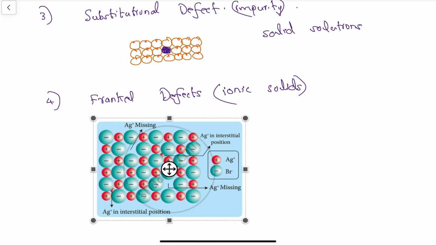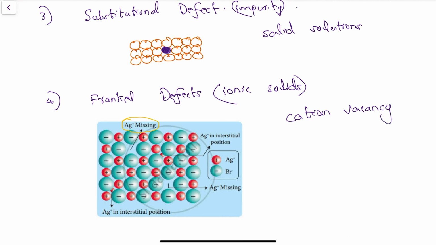In a Frenkel defect, you can see that here there is a cation, and this cation is missing from its regular position. You can see a cation vacancy, but this ion does not go anywhere.